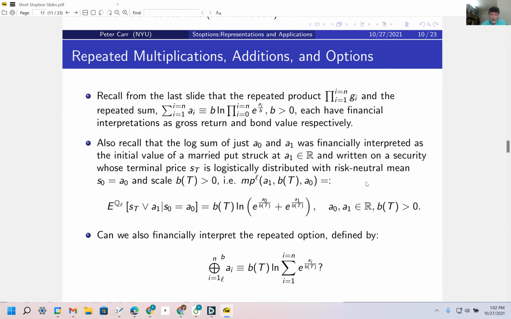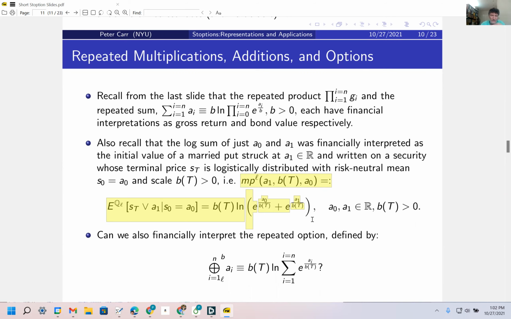What about repeated optionality? So, okay, so a reminder that just a married put involves a single application of the optionality binary operation between, let's say, two numbers, which I'm writing here as A0 and A1.